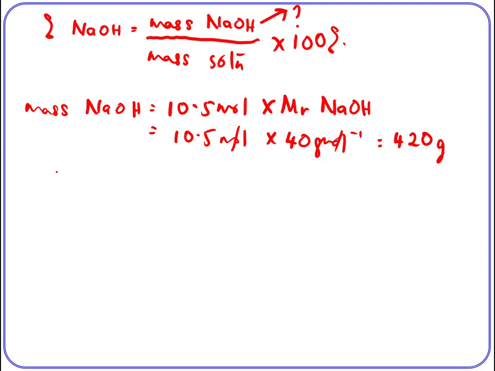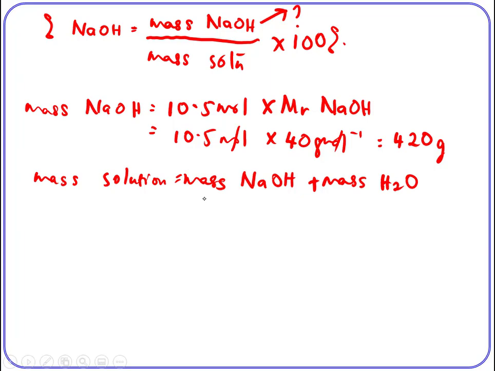Next is to find the mass of solution. How about the mass of solution? Mass of solution is equal to the mass of solute, which is NaOH, plus the mass of solvent, right? Do we have the mass of NaOH? Yes, it is 420 gram plus the mass of water.